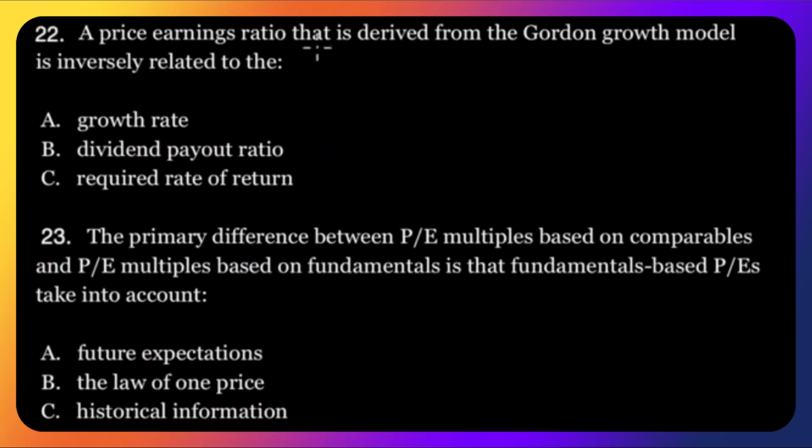A price-earnings ratio that is derived from the Gordon growth model is inversely related to the growth rate, dividend payout ratio, and required rate of return.